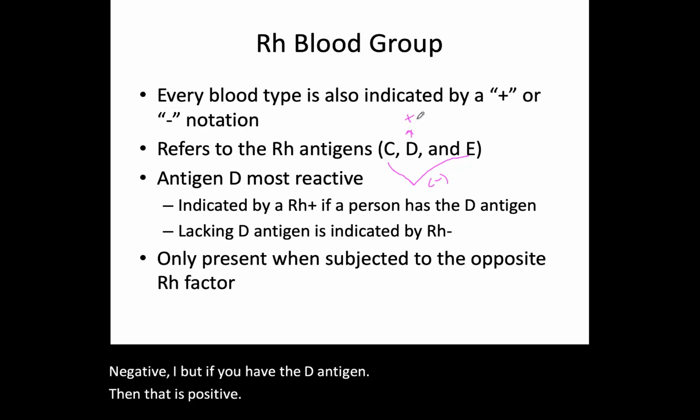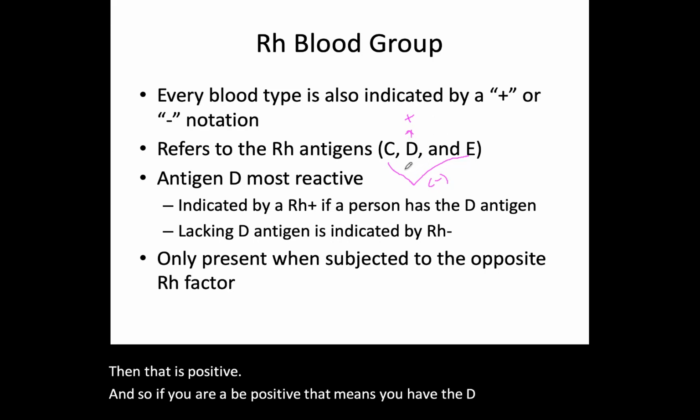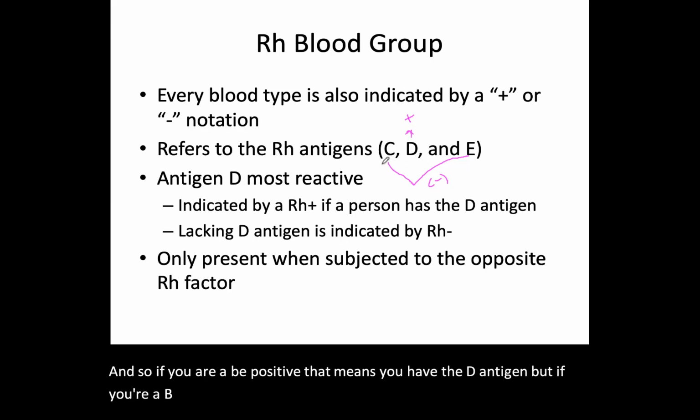And so if you are AB positive, that means you have the D antigen. But if you're AB negative, that means you either have the C or the E antigen that is present. All right, and that's exactly what you see here.